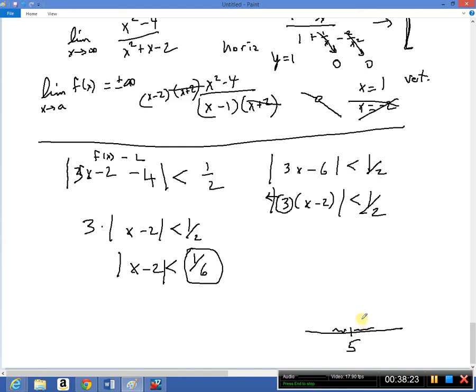It's just getting it within the epsilon strip. So obviously if you go from 5 all the way back to 4, you're within tolerance on the left. The function will stay within the epsilon strip.